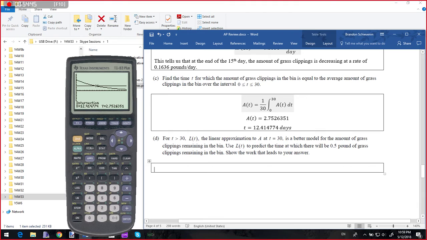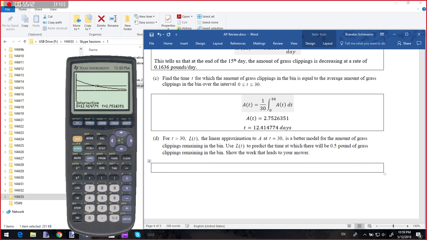Okay, so I need a linear approximation, which is a tangent line. L of t is the line tangent to a at t equals 30, and we're told that that tangent line is a better model for the amount of grass clippings in the bin if you are above 30. Okay. Does everyone understand what's going on?